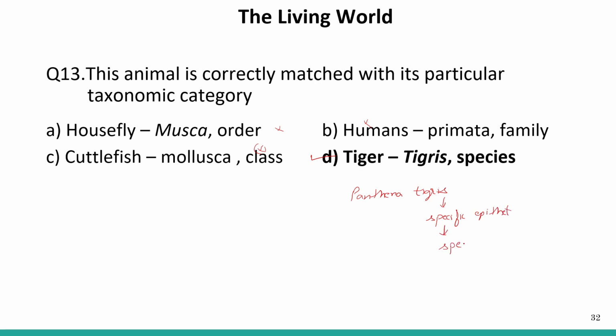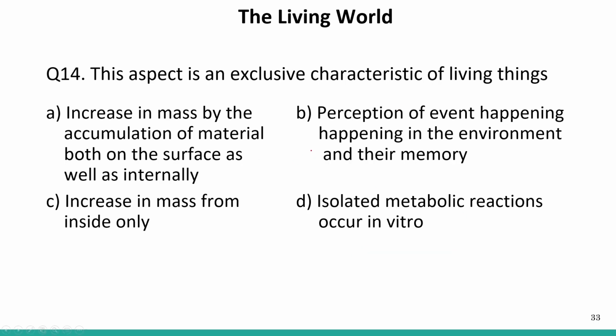This is a species. Again here, Panthera, we can underline this. Panthera is the generic epithet, or you can say generic name. And what does it represent? It represents the genus. Okay, so option D is correct here.